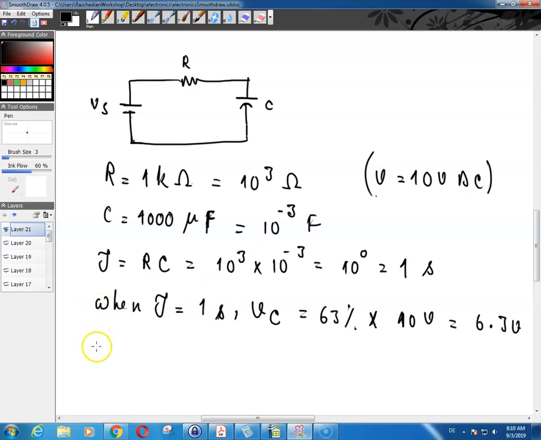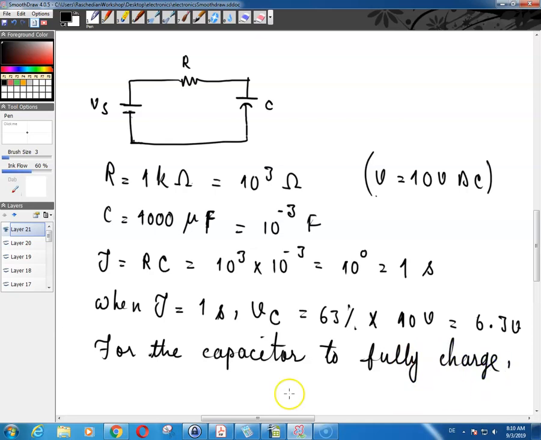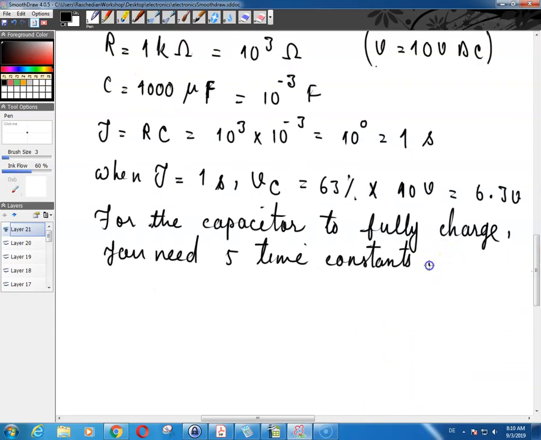So 5 time constants, which is basically 5 times tau, which is equal to 5 times 1 second, which is equal to 5 seconds. That means that it takes your capacitor 5 seconds to fully charge.